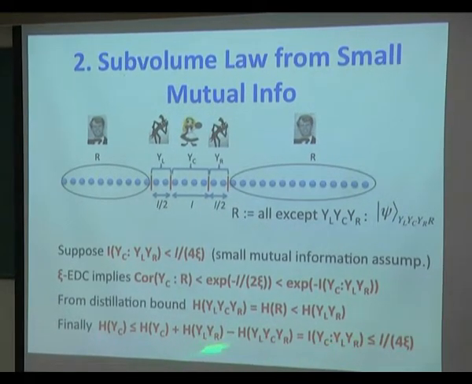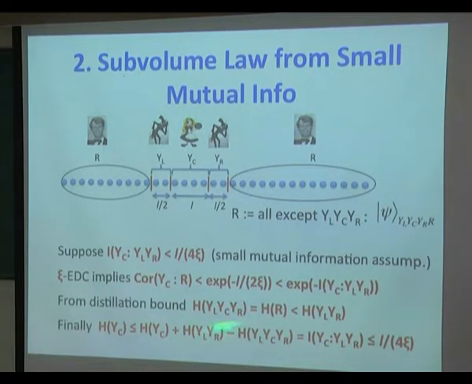Right, the mutual information is the entropy of the first guy, plus the entropy of the second, minus entropy of the total. But again, we have an assumption on this guy, right? We know that this guy is small. We know this guy is L over 4 xi. So we get that the entropy of YC is small, it's smaller than the same thing, L over 4 xi. Okay? So this is the result we wanted, right?